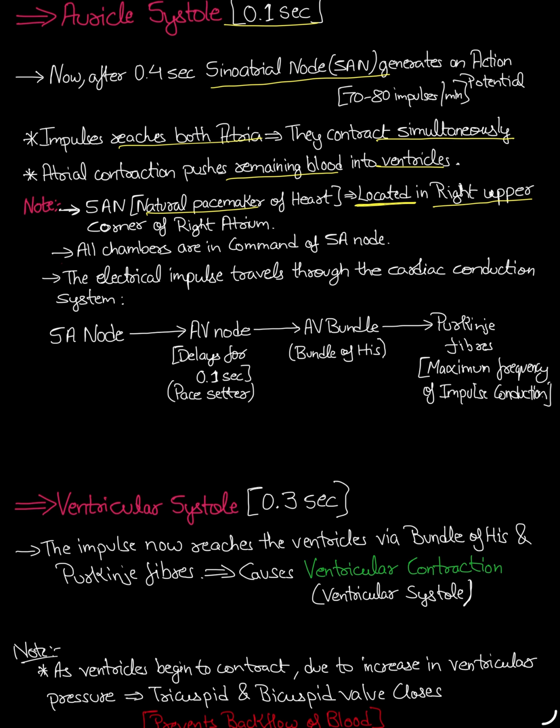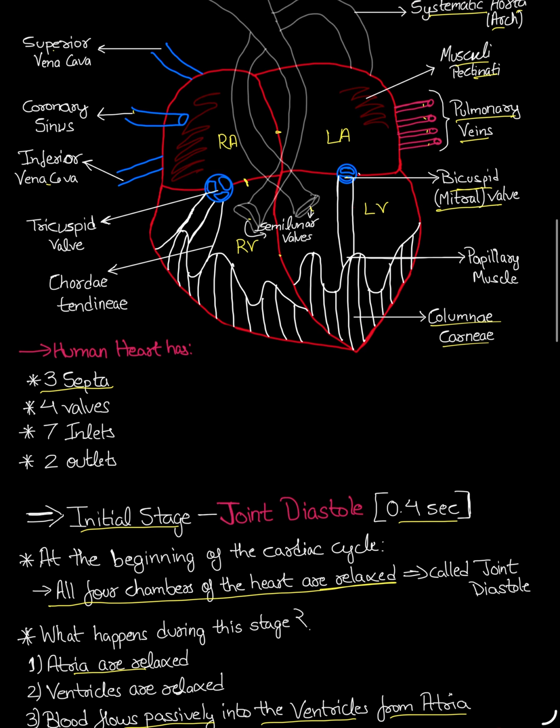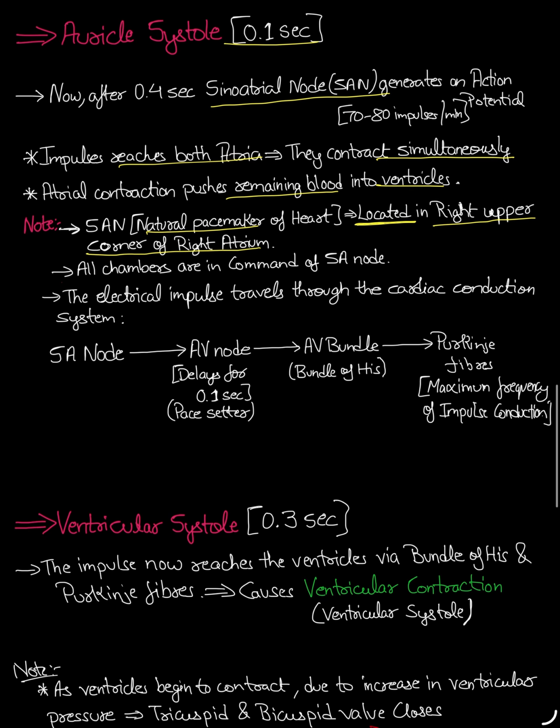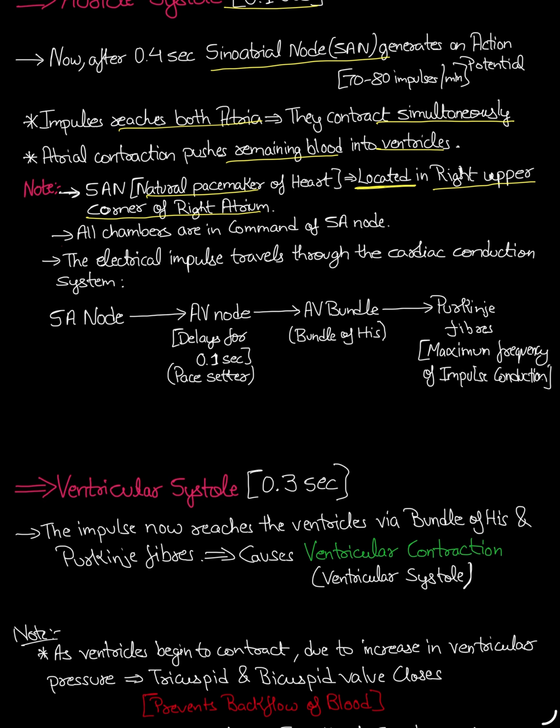It is located in the right upper corner of the right atrium, as you can see in the picture here. Around somewhere here it is situated. So right upper corner of the right atrium, and all chambers are in command of this node, the SA node.